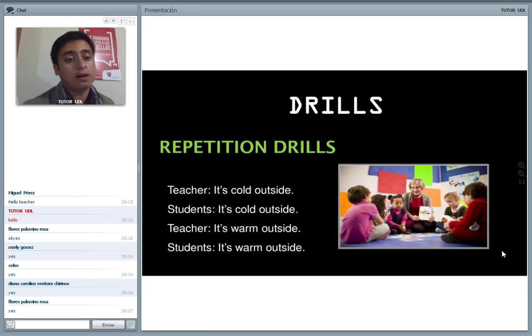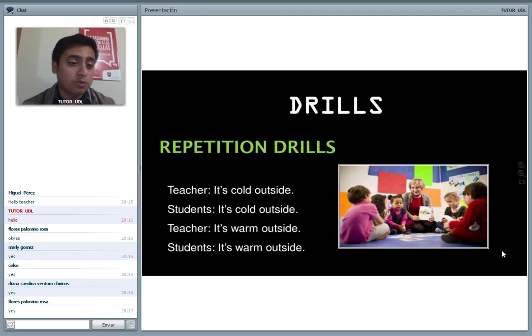Repetition drills means this is something that we usually do. You make your students repeat all the time words, sentences, phrases, things like that. Let me show you an example. Here the teacher says, it's cold outside, so the students are going to repeat the same. It's cold outside. Then the teacher will say, it's warm outside, and the students will say, it's warm outside.